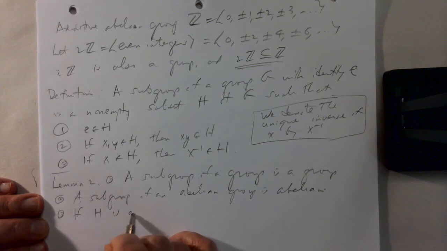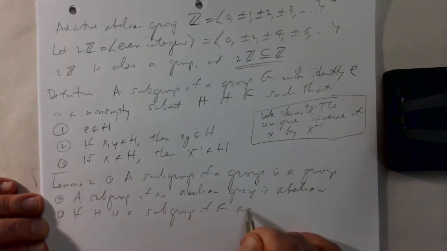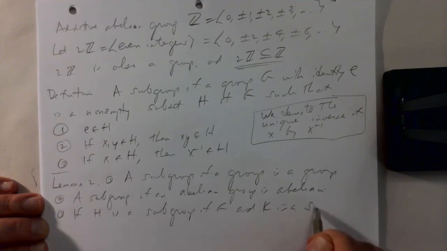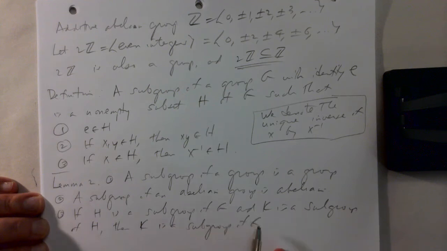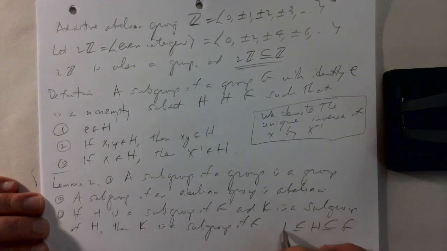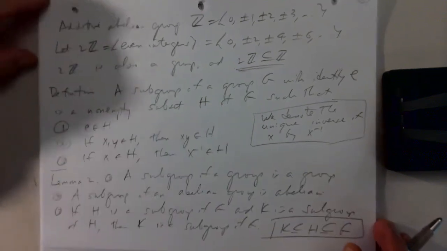If H is a subgroup of G and K is a subgroup of H, then K is also a subgroup of G. So we have a group G. It contains H as a subgroup. H contains K as a subgroup, but K is also a subgroup of G.